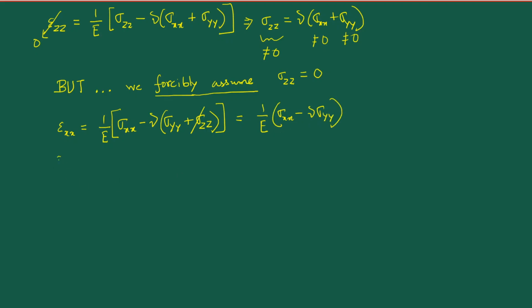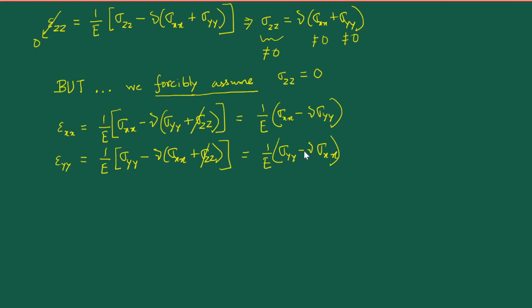And in a similar fashion, epsilon yy gives us this, again sigma zz being 0: sigma yy minus nu sigma xx. This will be familiar to everyone who has already studied the cases of plane stress and plane strain.